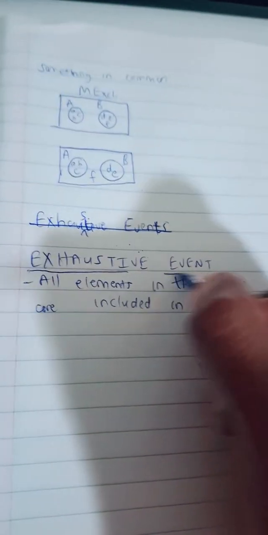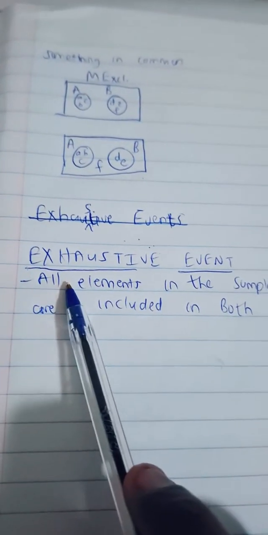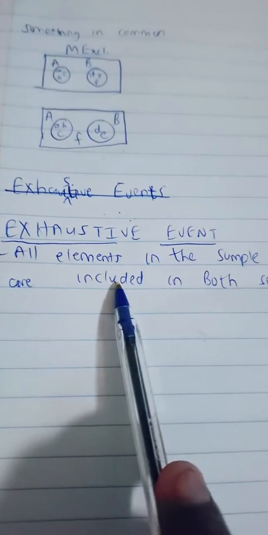Let's read this again together. What are exhaustive events? Conceptually, all elements in the particular sample space are included in both sets or events.